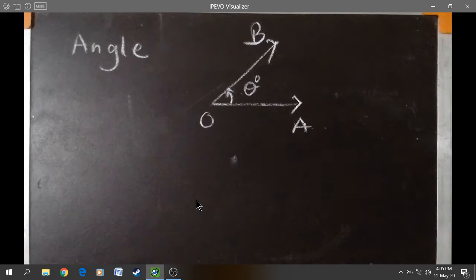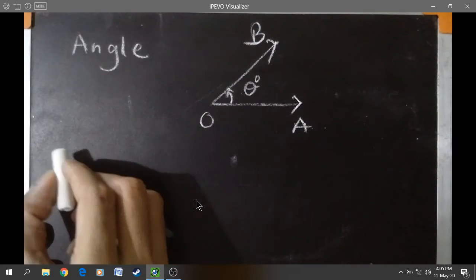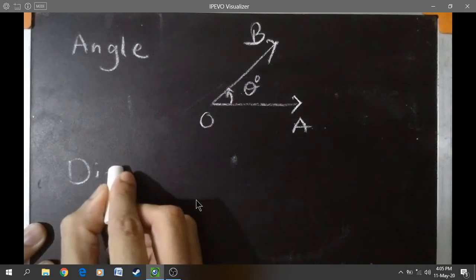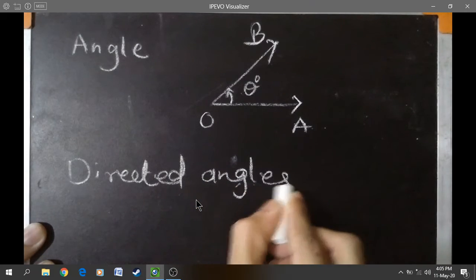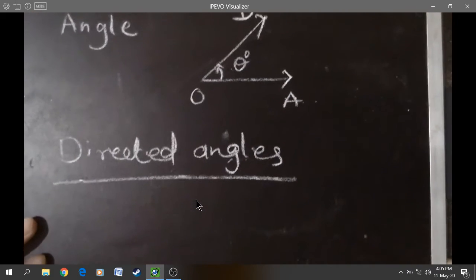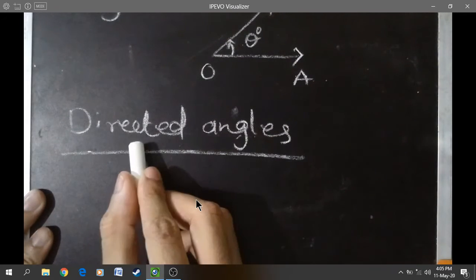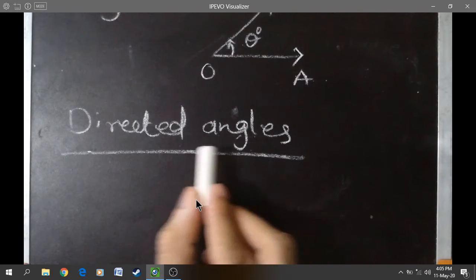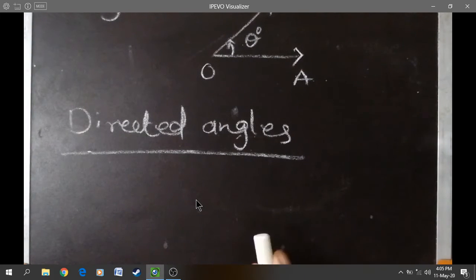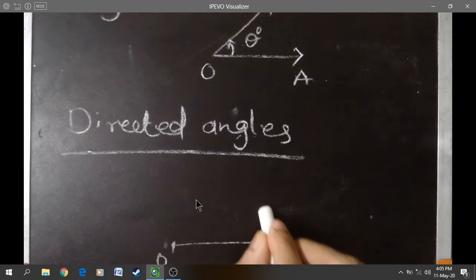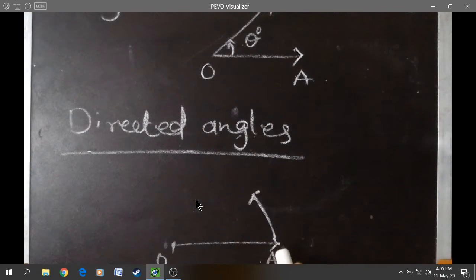The first one is directed angles. What is it? Directed angles means angles which have direction. As we consider here, one ray OA, and rotate it till it takes another position.